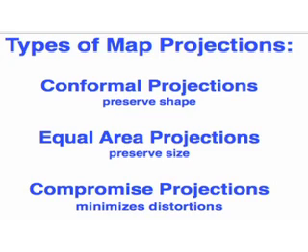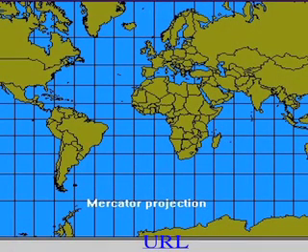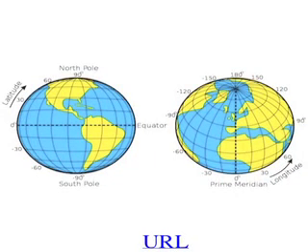So basically, a map that's conformal shows the lines of latitude and longitude intersecting at right angles. And those right angles are maintained on the flat surface. So if you think for a moment of the surface of the Earth and latitude and longitude on a globe, those lines of latitude and longitude intersect at right angles, but the lines are curved and they converge, lines of longitude converge at the poles.